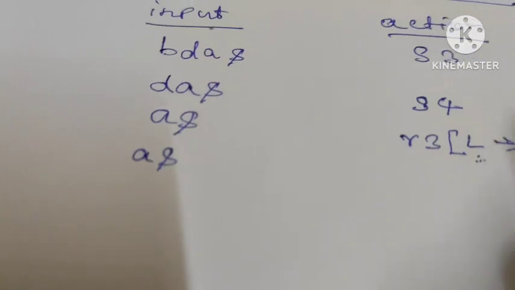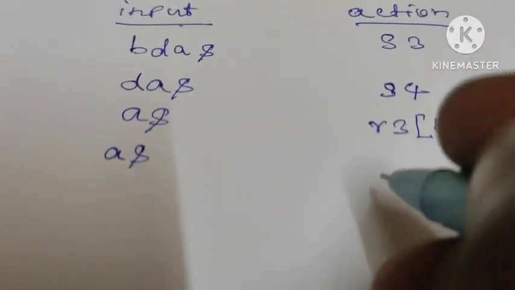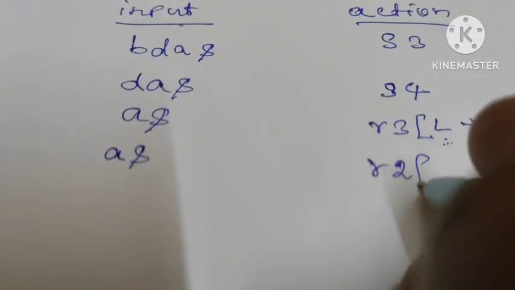So I'll write it as R2 here. So write R2. And what is the production number?